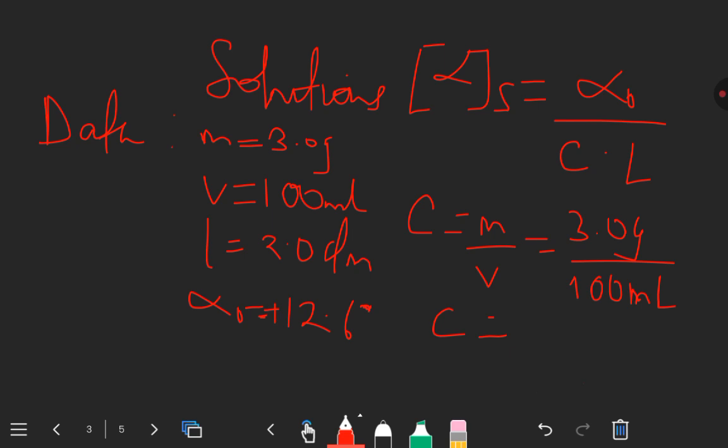If we divide 3 by 100, it gives 0.03 grams per mL. So now we have the concentration.